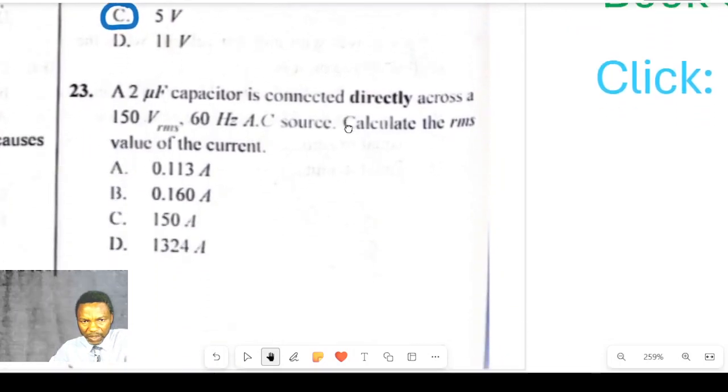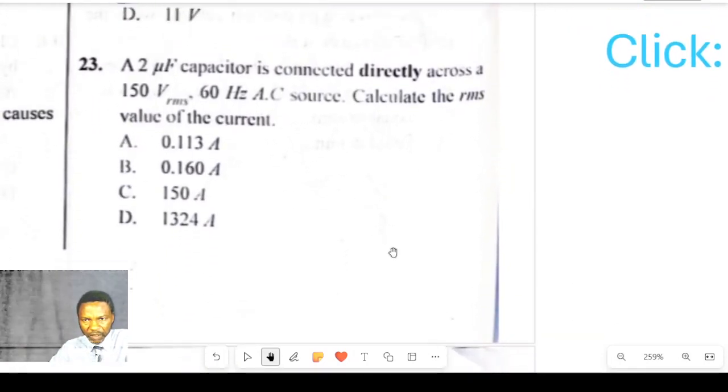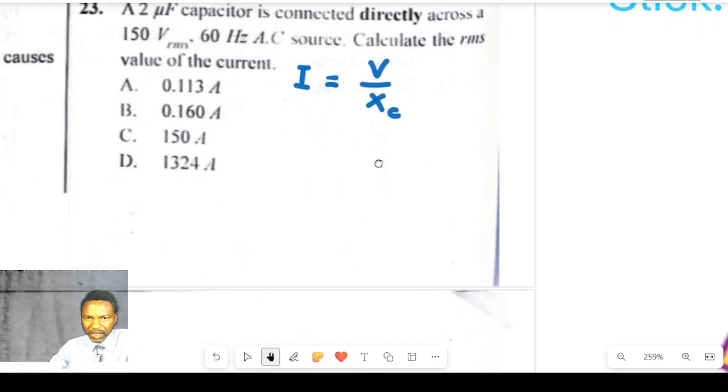Then question 23. Question 23 is you have a capacitor connected directly across 150 this, and then with the frequency of this, calculate the root mean square value of the current. Now, for you to calculate the root mean square value, I is equal to V over the resistance due to the capacitor. So we need to find the capacitive reactance.